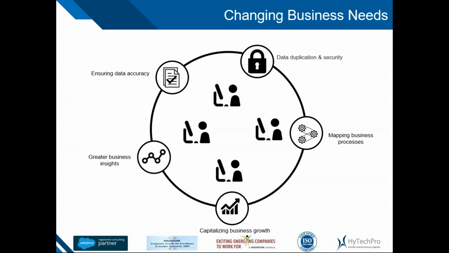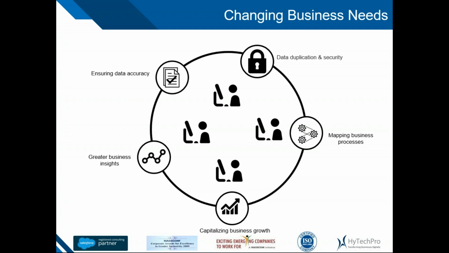Because unless your business processes are mapped accurately in your Salesforce org or Salesforce system, I don't think it is of any use to you, because it's all about mapping your business processes into required workflows and getting the systems functioning well. And since you are not able to map your business processes, not able to use the system properly, either because of data problems or security or duplications, or because your processes are not mapped, you cannot capitalize on your business.